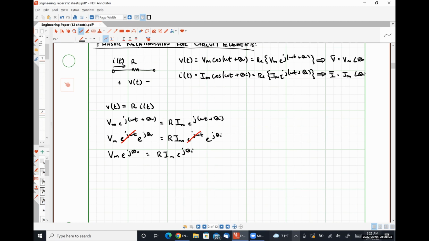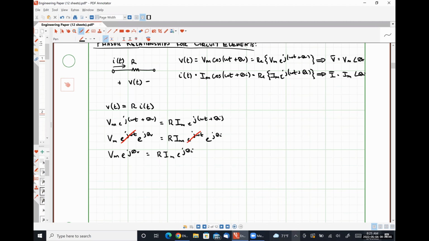Now we're going to play around with this relationship just a very, very small amount here, okay? But the first thing that I want to do is ask you what we have here, all right? We have on the left-hand side an exponential form complex number, which is equivalent to a polar form complex number because they contain the same two pieces of information, a magnitude and a phase angle. And on the right-hand side, we also have an exponential form complex number, which can be thought of as a polar form complex number containing only a magnitude and a phase angle.